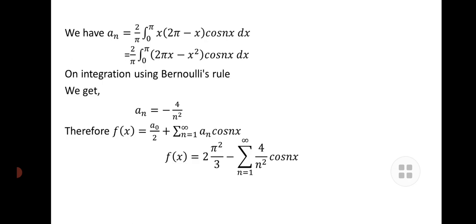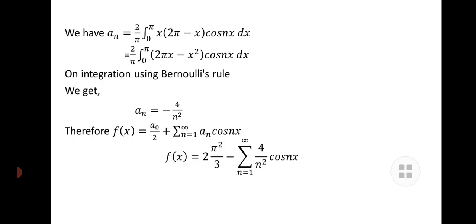Multiplying the bracket term, it is 2 pi x minus x square cos nx into dx. Here the integral contains the product of two terms. So we can solve the above an value by using the Bernoulli rule, which is keeping the first function and taking the integral of the second, minus differentiation of the first term and integration of the second term, and applying the lower and upper limit, we will get an is equal to minus 4 divided by n square.